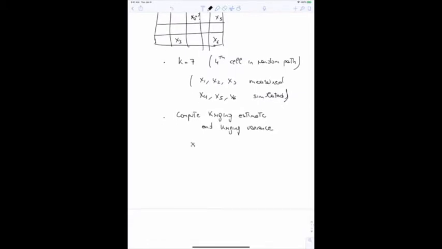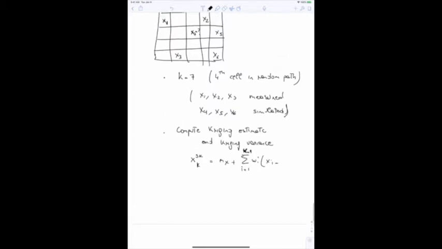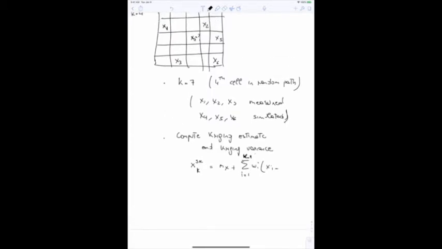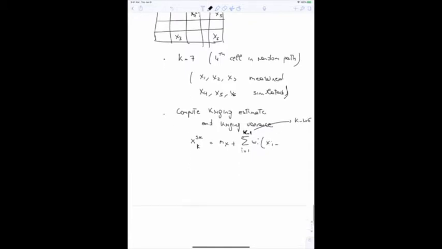So the kriging estimate, let's say that we use simple kriging, but you can also use ordinary kriging if you want, at location k is going to be equal to m of x, the mean of x, plus the sum for i that goes from 1 to n of wi times xi minus, sorry, this one here, it goes to k minus 1. So in our case, 6. Because we have already simulated 6 values, or measured or simulated 6 values.